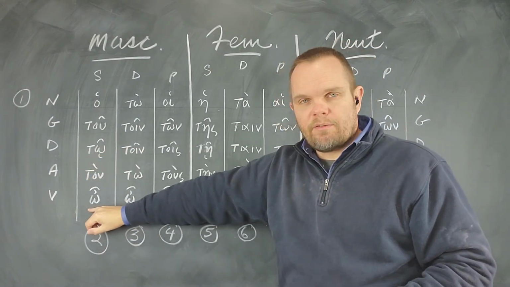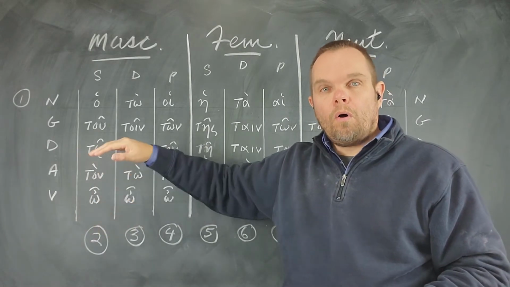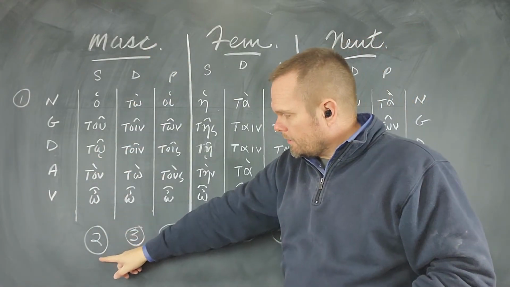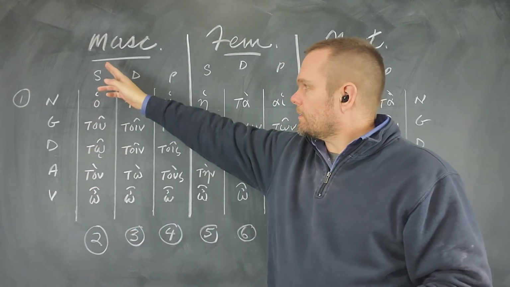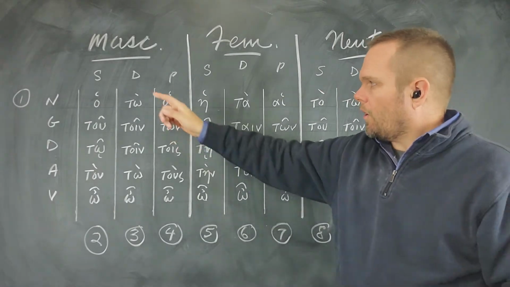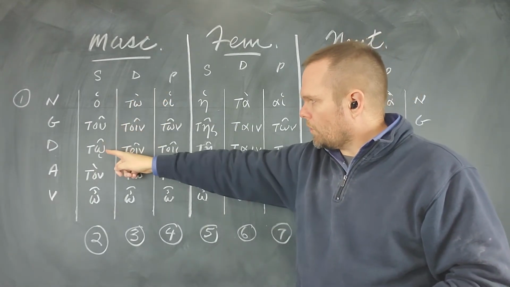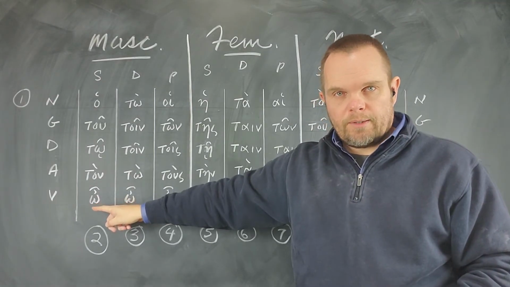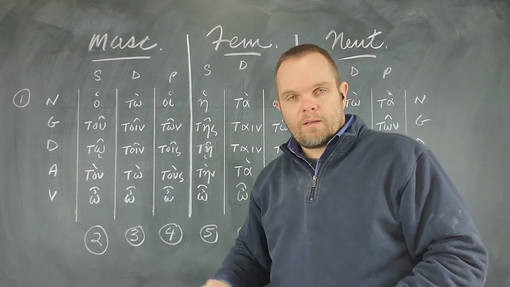And then for the vocative, o, on the same syllable. So the second bit to memorize is the declension of the masculine singular. Ho, tou, to, ton, o. Okay, that's the second.